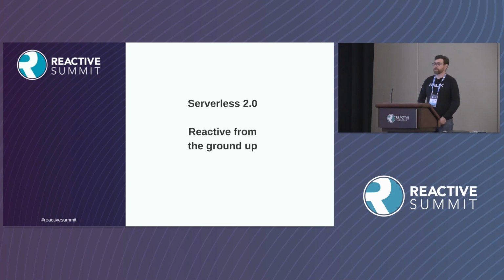So the idea with Serverless 2.0 is that it's reactive from the ground up. So we're not just providing these kind of abstractions that you then need to go and put the reactive principles on top of. It's reactive from the bottom, and you just write your application in this constrained environment, and you can be successful doing it.